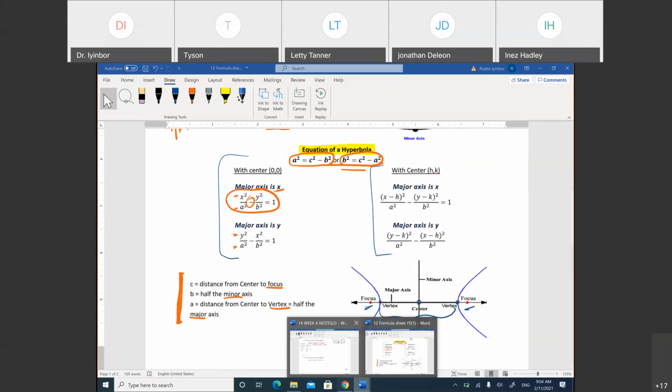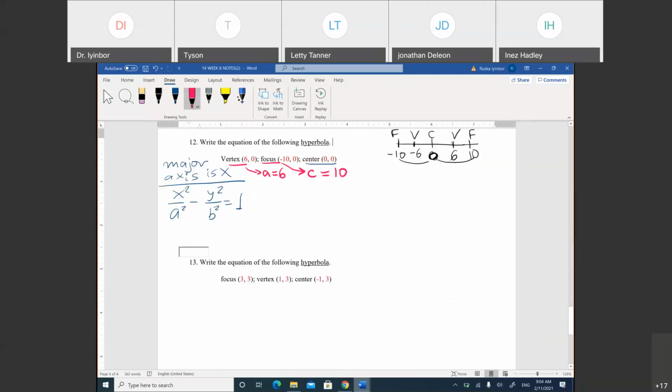So the B squared, let's write that. I need to find B squared. It's going to be C squared minus A squared. And this is where I'm going to plug the numbers. So what is C squared? 10 times 10, it's 100. Minus A squared, 6 times 6 is 36. So 100 minus 36 is 64. So we have B squared is 64. What is A squared?